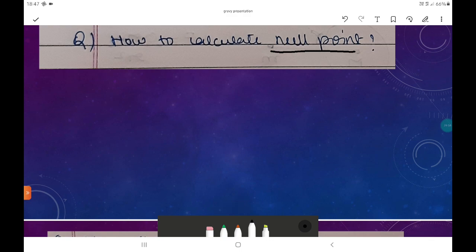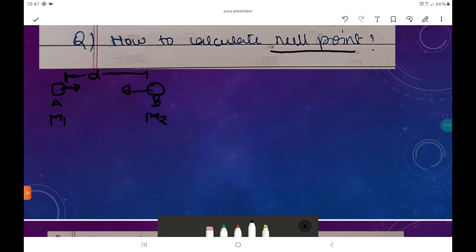Suppose this is your body A and this is your body B. Mass is m1, let us consider. Mass is m2, let us consider. And the distance between them is d. So here both the bodies will have some gravitational force of attraction between them, right?